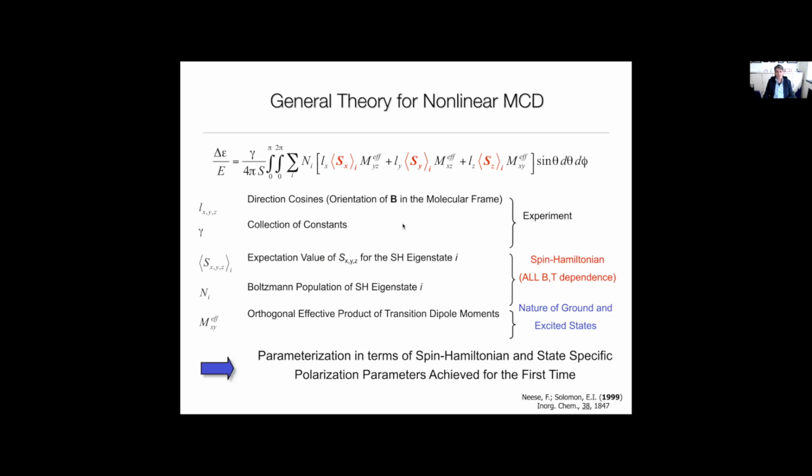Now, many years ago, I developed this effective theory for it, where you can express the MCD intensity from just the magnetic properties of the ground state, multiplied by taking spin expectation values and multiplying them with effective transition moment products. And so that gives us the opportunity to do the MCD calculation in a similar way as a spin Hamiltonian calculation.